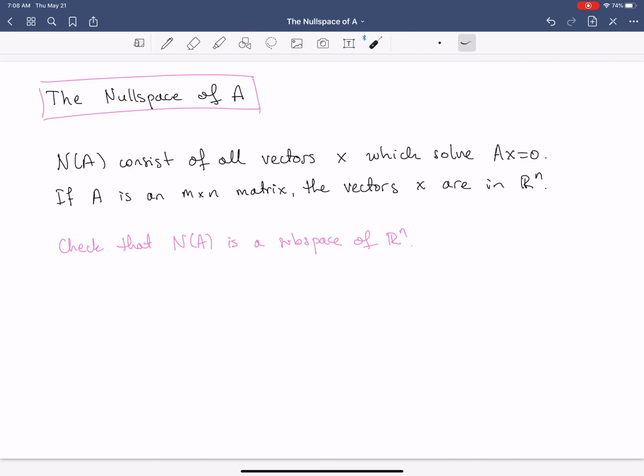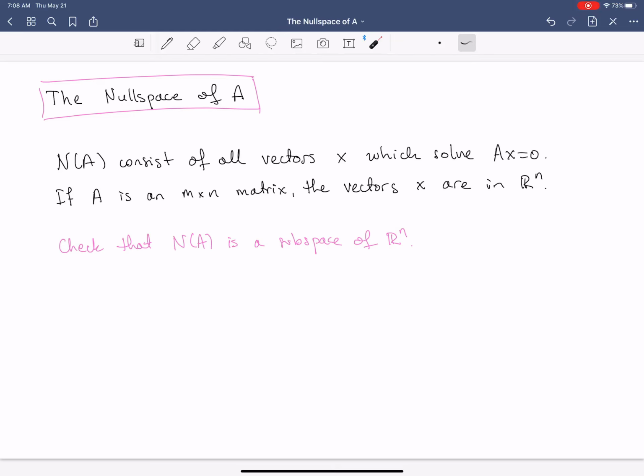But you have to think that the x's which solve this equation Ax equals 0 are what constitutes the null space. If a matrix A is m by n, so if it has m rows and n columns, then the vectors are in Rn. I will show you why this is the case. You don't have to memorize whether the column space is a subspace of Rm or Rn.